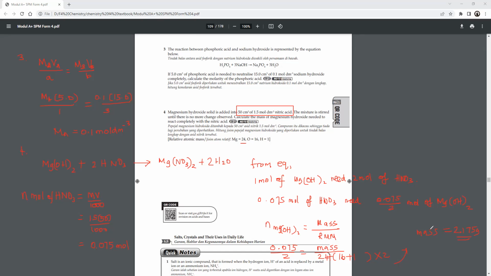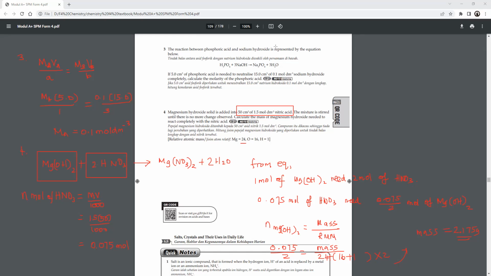I will explain to you if you don't understand. One mole of this one, MgOH2, needs 2 moles of this one to produce 1 mole of this one and 2 moles of this one, right? So now I calculate this one and this one, right?